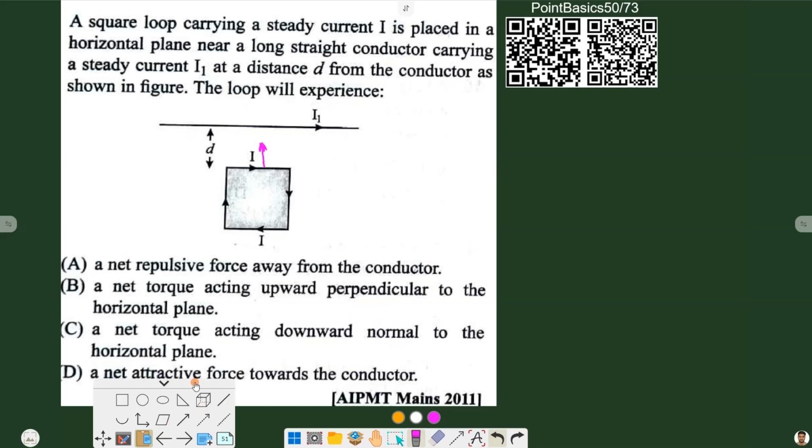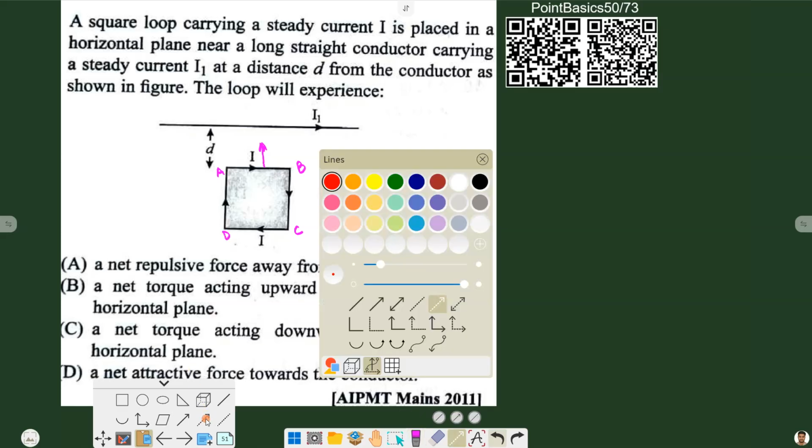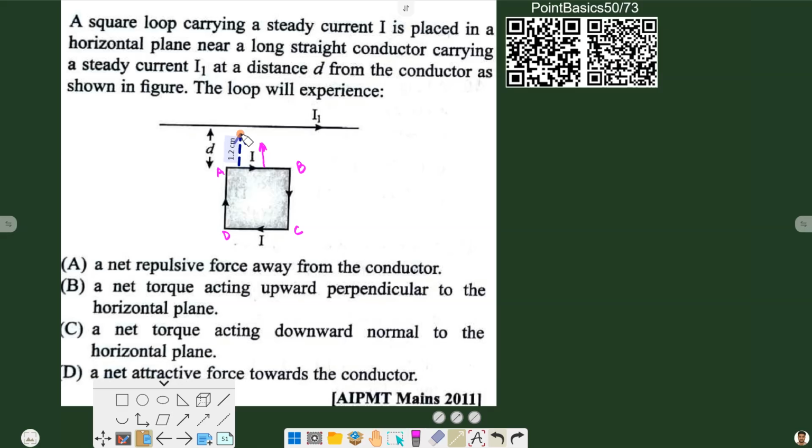If I mark some points here A, B, C and D, then wire AB will experience an attractive force and wire CD will experience a repulsive force. But the force on AB is greater than on CD, so as a whole a net attractive force will be there.